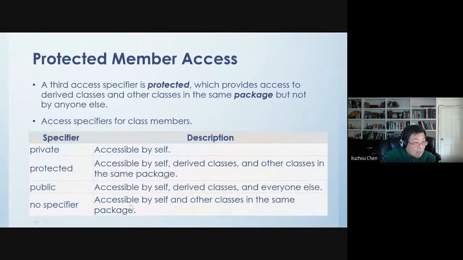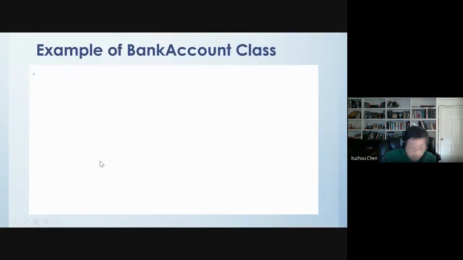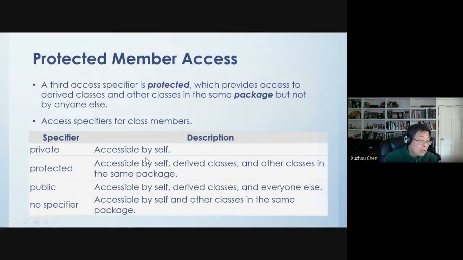So here are some of the keywords used to specify access. Private means it's only accessible by the class itself. Public means accessible by itself, derived classes, and elsewhere. And sometimes a method has no specifier.